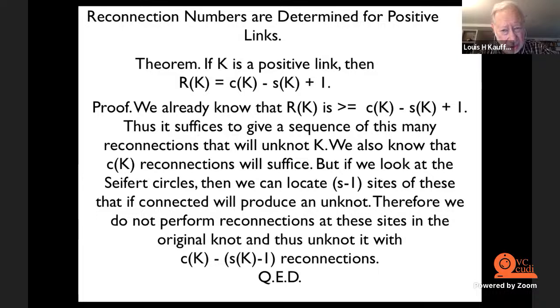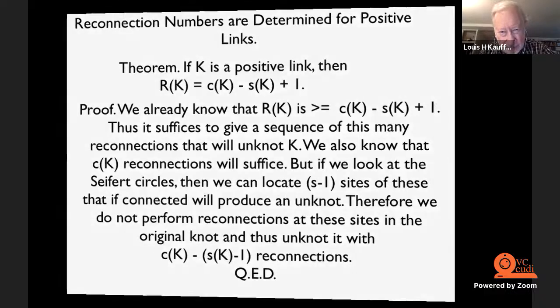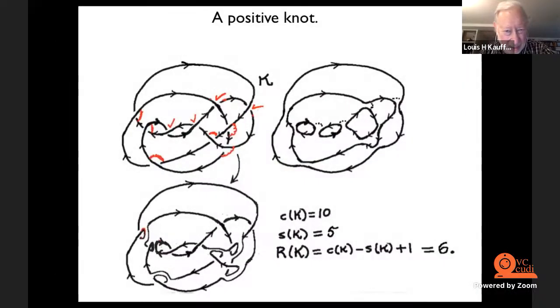I'm going to actually produce a sequence of events that unknots the positive knot in that many moves. Actually, I can unknot any knot in that many moves, but that isn't necessarily the reconnection number. It's that it's lower bounded by that which gets it.